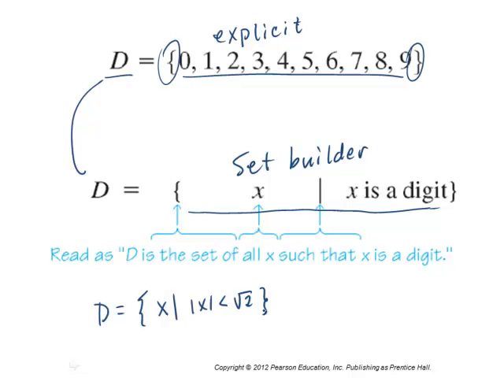Besides, there's an infinite number of numbers that satisfy that requirement, and we wouldn't possibly be able to list all of those numbers, but here we can at least tell you what the set is by describing the property. And by the way, this vertical bar right here means such that. In other books or situations, instead of a vertical bar, you might see a colon.